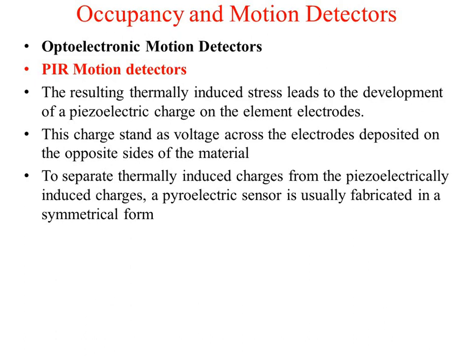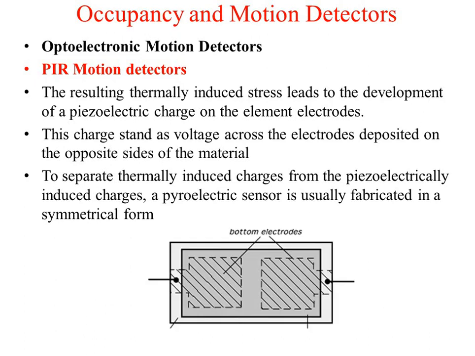So the pyroelectric sensor is usually fabricated in symmetrical form. Why is it fabricated in symmetrical form? So we know that if noise is there, it is in opposite form. Whenever the noise is generating thermal energy, then let us consider that this is electrode number 1 and this is electrode number 2.